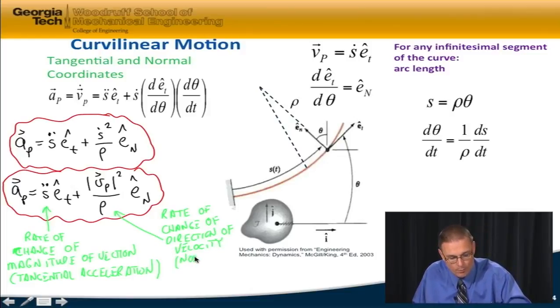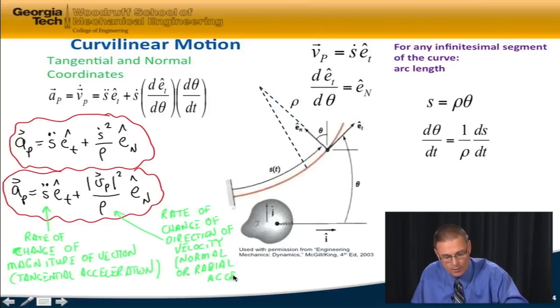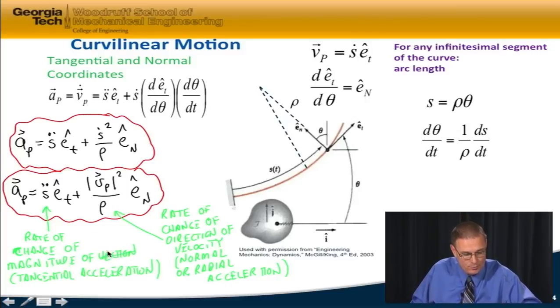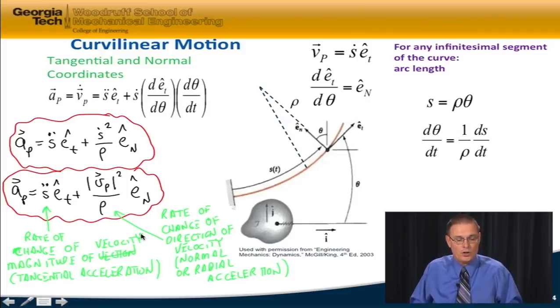So this is the normal or radial acceleration. So in normal and tangential coordinates, we have two components: a rate of change of the magnitude of the velocity, and a rate of change of the direction.